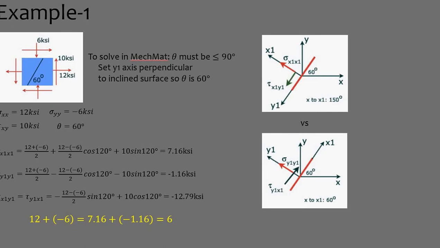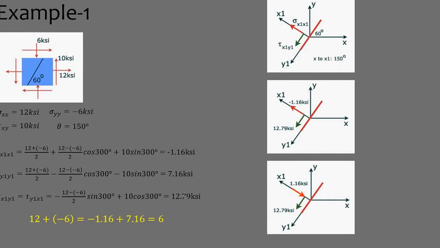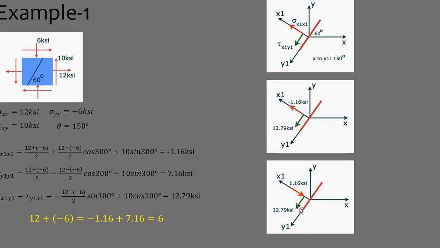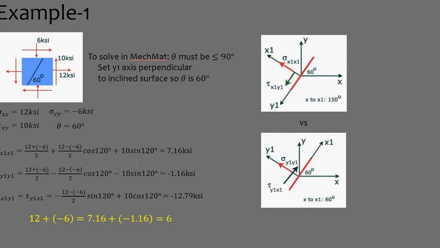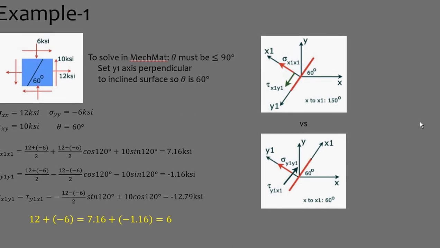That just means that in the original problem, the shear stress came out to be positive with respect to that positive direction. So the shear stress is moving downward. And because this value comes out negative, that means it's negative with respect to this positive. So it's also going down because positive is now up. So it will work out.